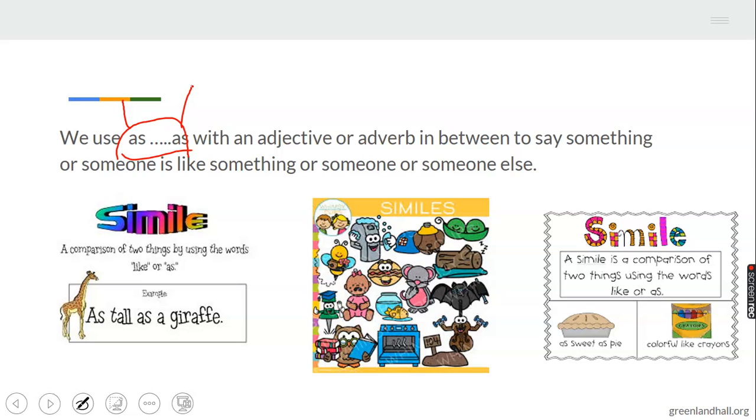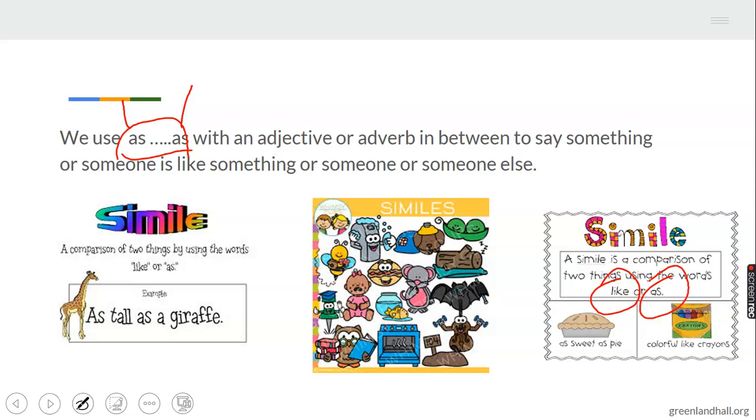Okay, there is as in front, and there is also as after you have mentioned the quality, then there is also as at the back. Is that taken? Okay, we use as dash as with an adjective, that is, you describe, maybe as tall as, cold as, okay, or have a verb in between to say something or someone is like something or someone else. Okay, we use as dash as, or we use like. Is that okay? We use the words like or as, any one of them.